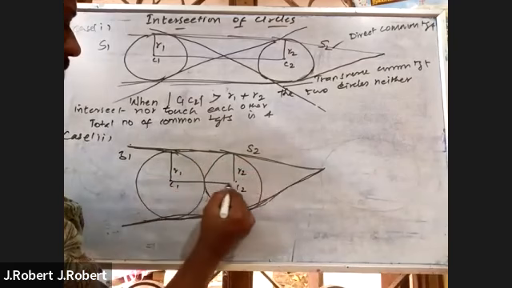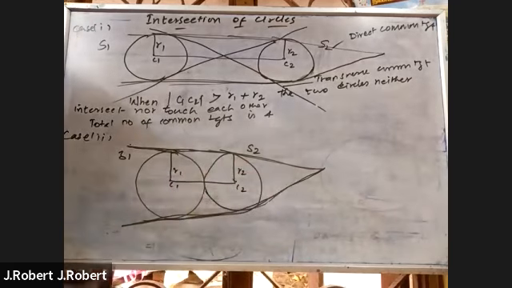So this is C1. இங்க கண்டிஷன் பார்த்தாலே தெரிஞ்சிச்சு, both the circles touch each other externally.